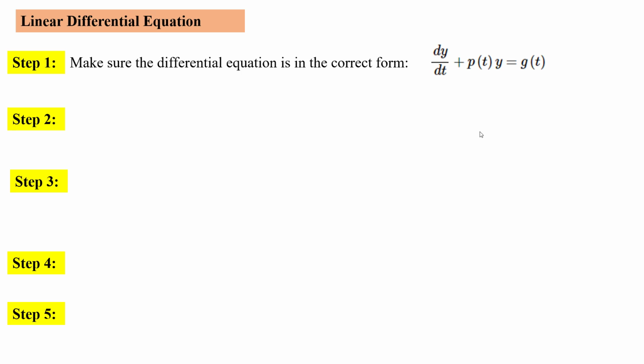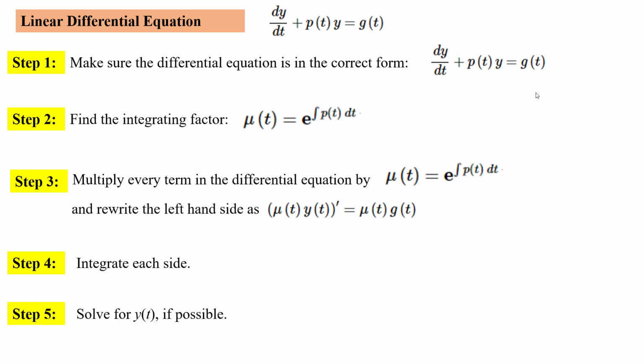This is a linear equation because y doesn't multiply itself, and it's non-homogeneous because you have that g of t term. And you remember the steps of solving linear differential equations: you introduce something called an integrating factor, and then you multiply, using the properties of the product rule.